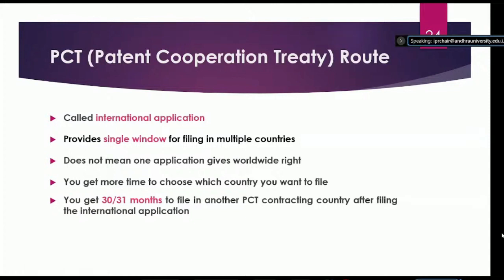So basically, you get 18 more months from the 12 months that you used to get in your convention route. So PCT will buy you a whole lot of time, but PCT is costlier than convention. When you go to the different countries within 30 to 31 months, that phase is called national phase.